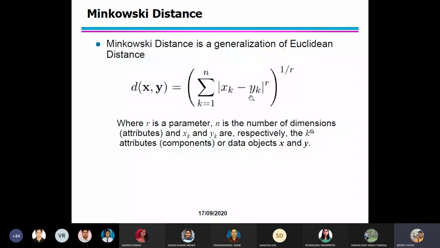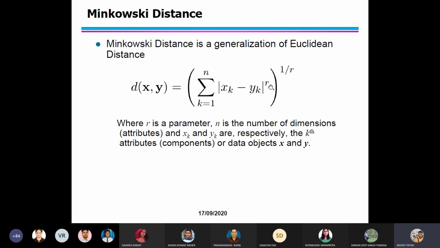You know the meaning of generalization, right? You'll get the Euclidean distance, but it is a more generalized form. How does it happen? If you take r equal to 2, that means attribute differences squared, summed, and then the square root. That reduces to Euclidean distance.